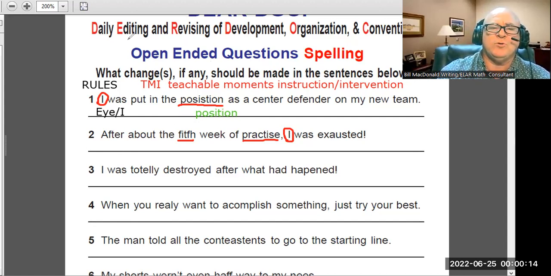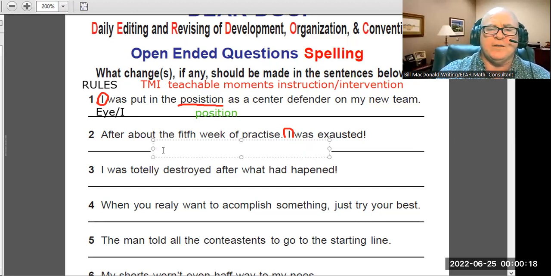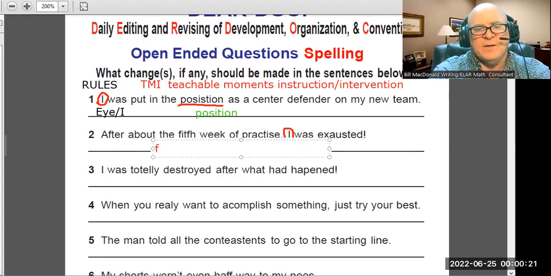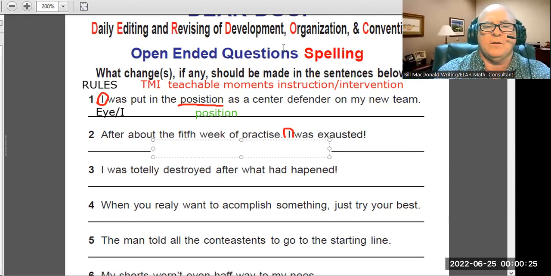I'm going to type close to the word so I can see. Fifth. I think, oh, I forgot to switch to my green. Just found out I wasn't perfect already. Fifth, fifth. And so fifth is one of those words like fourth that a lot of people have trouble with.